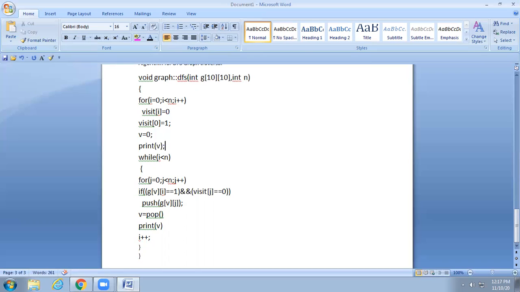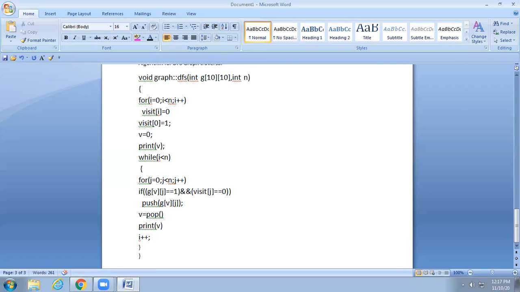So we have the n vertices, while I less than n. Then push all its adjacent vertices into the stack. Let us assume that there are n adjacent vertices. That's why for j equal to 0, j less than n, j plus plus. How do we say that we have the adjacent vertex? If g of vj equal to 1. The graph is represented as an adjacency matrix.